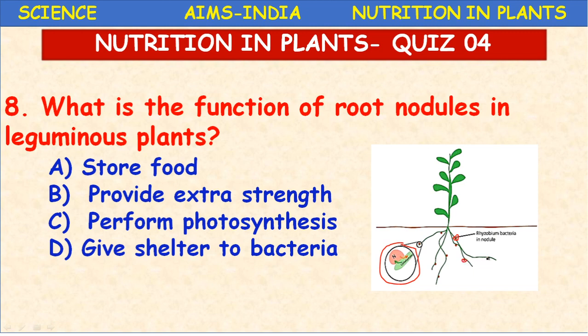So here the question is, what is the function of this nodule in leguminous plants? Okay, the main function is they give shelter to bacteria, so that bacteria can safely be present in those nodules, and the bacteria provide nitrogen to the plant, and the plant provides shelter and some nutrients to the bacteria.